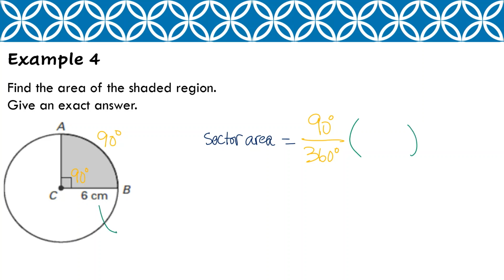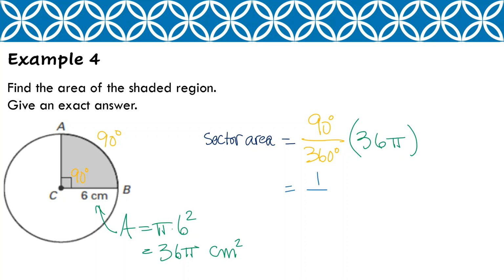So let's find the area of the circle. Area equals pi times the radius squared. 36 pi centimeters squared is the area of the circle. We can reduce the fraction. The fraction of the circle is 1/4 of the circle.